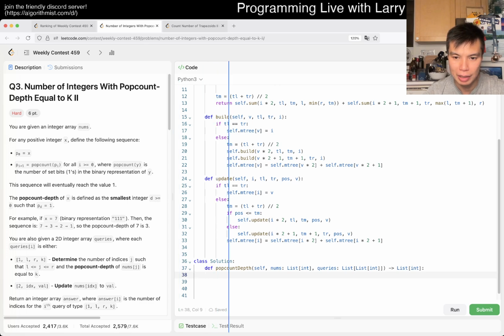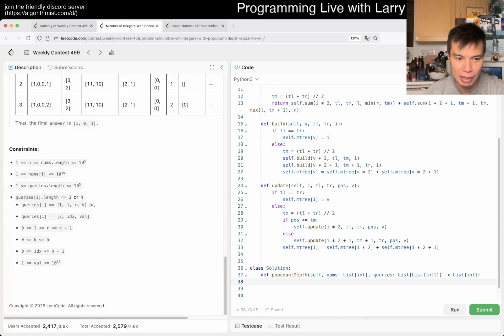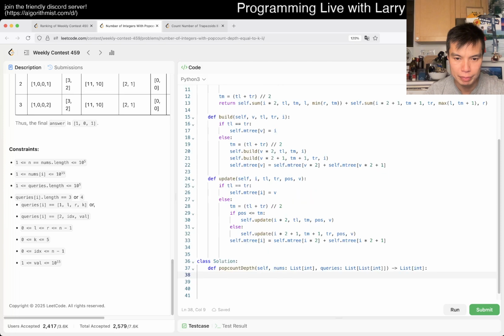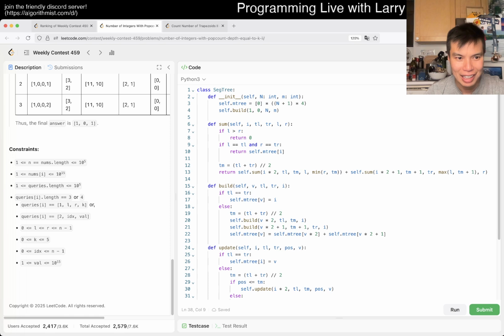And then now we have segment trees that go up to 5, right? So we have 5 segment trees, which is, honestly, not so great. I do worry about running out of space, or time, whatever, because 10 to the 5th is pretty big.